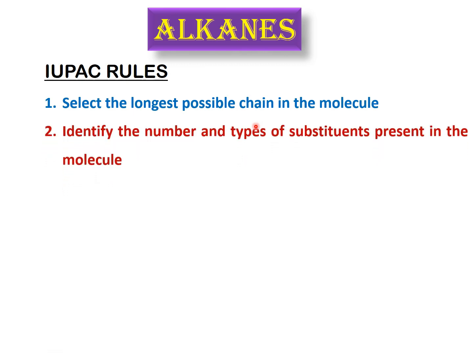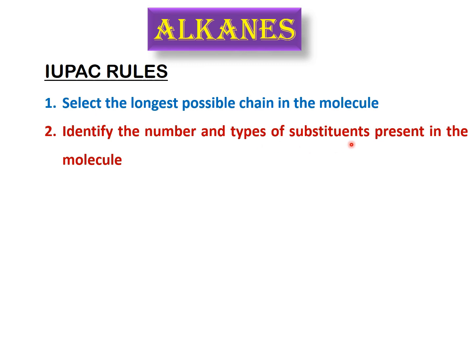The second rule is that you have to identify the number and types of substituents present in the molecule. Now, what does this mean? These carbon chains may have certain substituents attached to the chain. Now, these substituents in case of alkanes would be alkyl groups, which we will discuss in the last slide of this video.